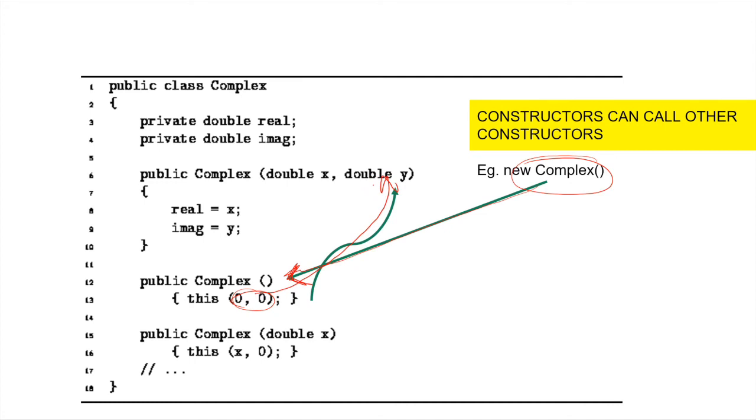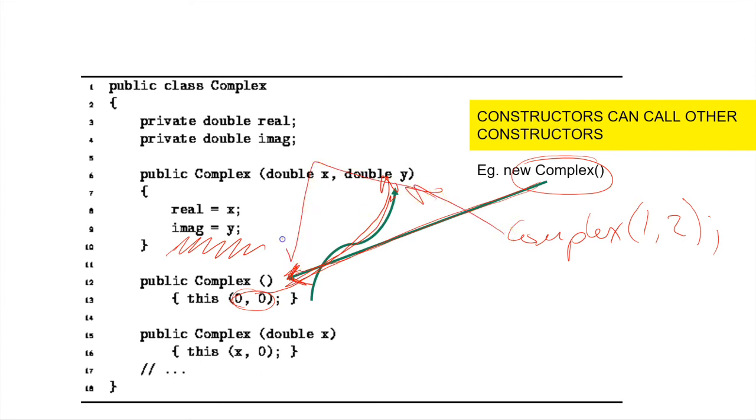The advantage of that is that I can put the bulk of the code inside this second one, and I can either say Complex with no parameters, or I can say Complex(1, 2), and either way this one will just temporarily jump to the default method, but this one will go here. So they'll both go through this function and they'll both use the same code. This is called constructor chaining, when one calls another.